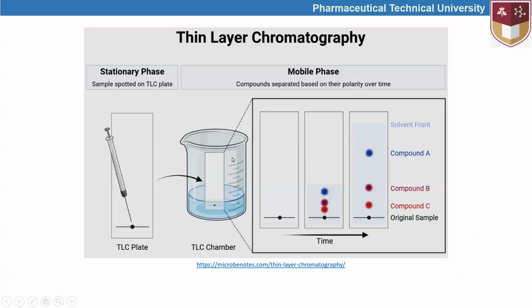Okay, so we install the TLC plate into it, and the mobile phase should be a bit lower than the level of this line, or the same.